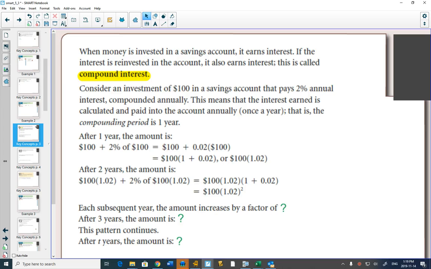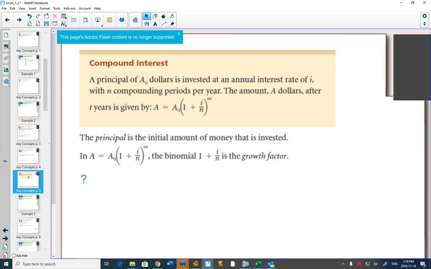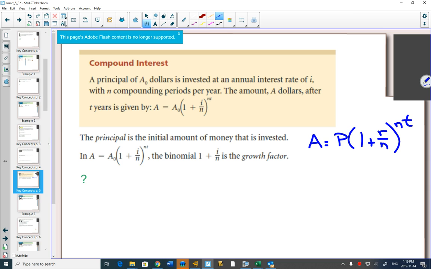Now, there's a formula for compound interest, and sometimes it's written this way. Sometimes I've seen different letters used. So that's the same formula.